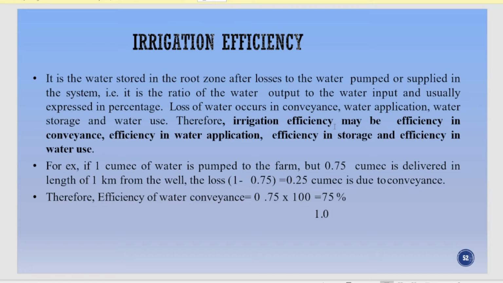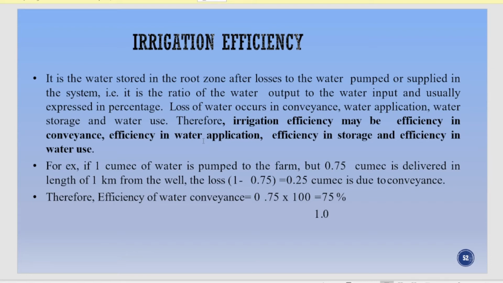Now efficiency in water use: if you combine all these together, it is how efficiently you use the water. Coming to the first one, the efficiency of conveyance is how efficiently you supply the water to the field. Next is the efficiency of water application, how efficiently a farmer applies water to the field.